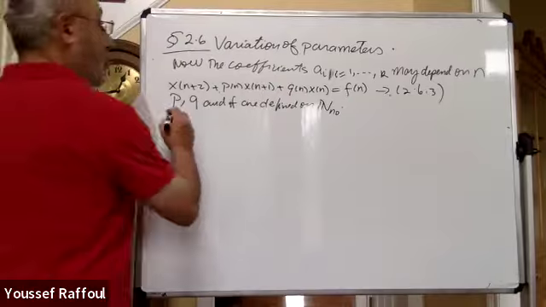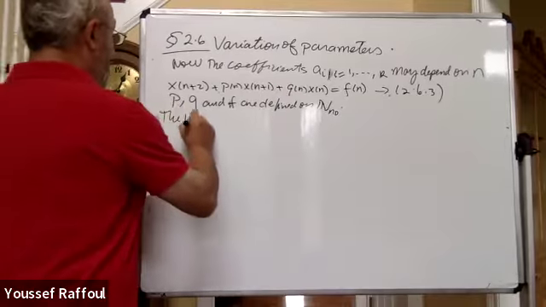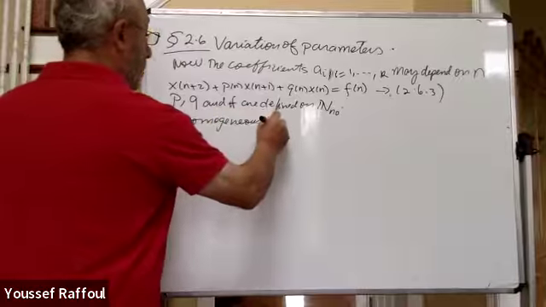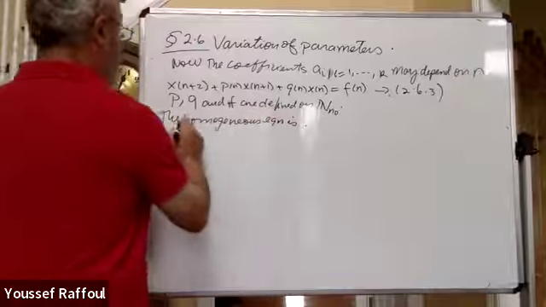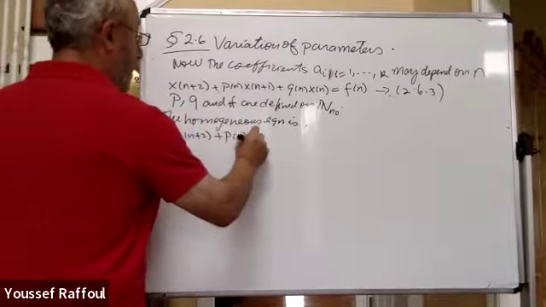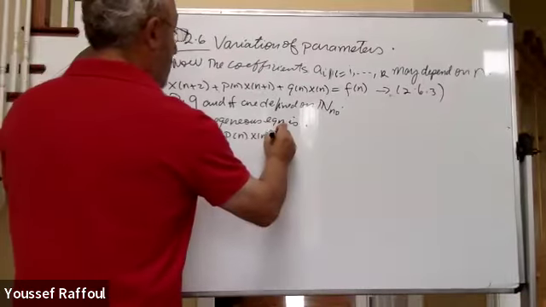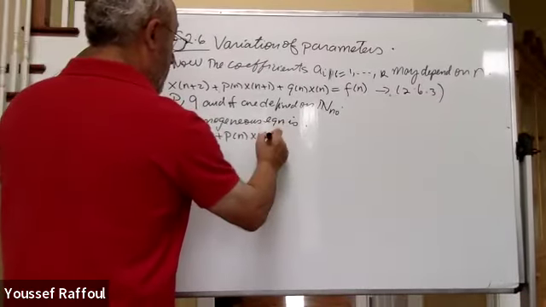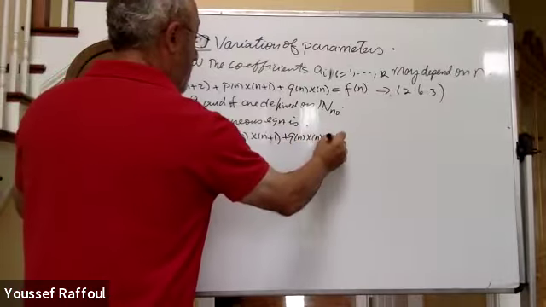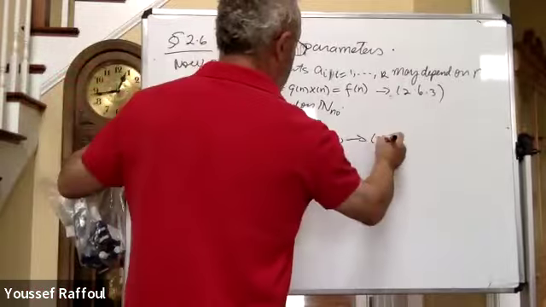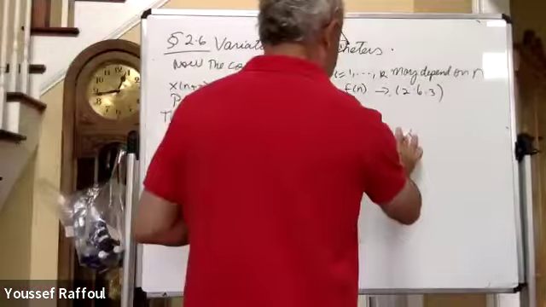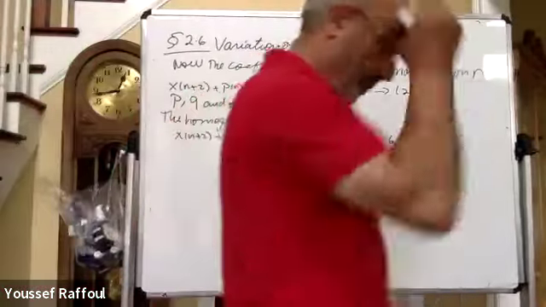All right. So the homogeneous equation is x of n plus 2 plus p of n x of n plus 1 plus q of n x of n equals 0. That is 2.6.4.